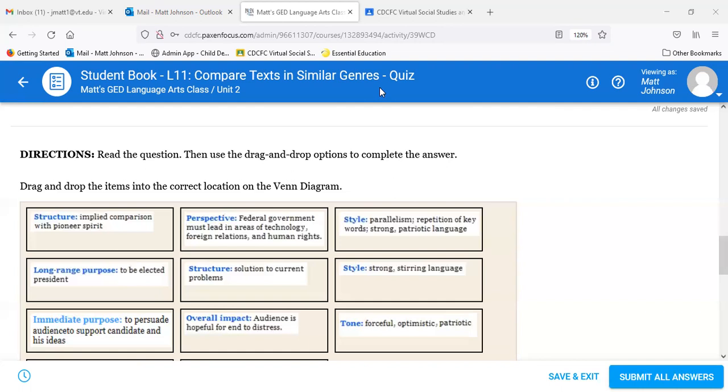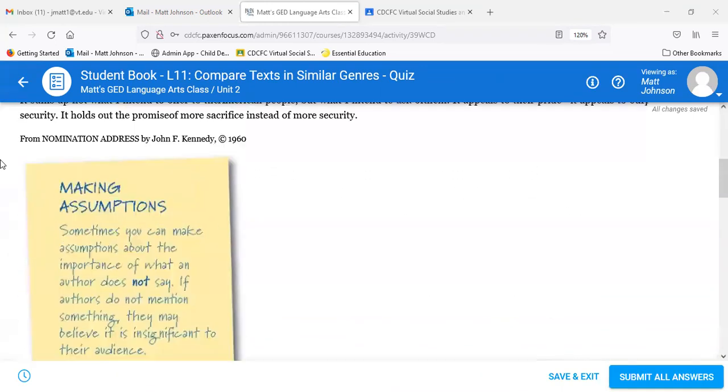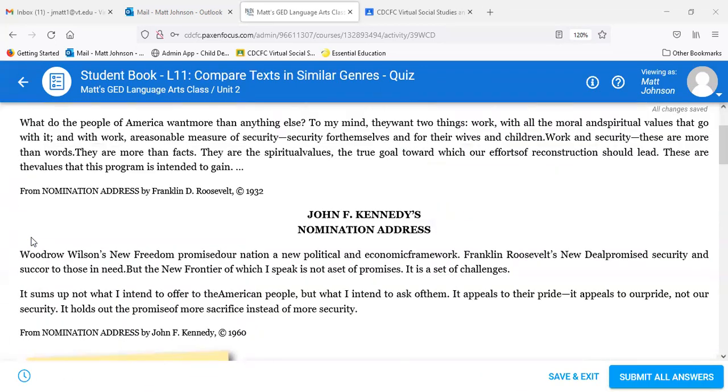Okay, so let's take a look here. Structure: implied comparison with pioneer spirit. Who used that? It is Kennedy. He mentions a new frontier, right?